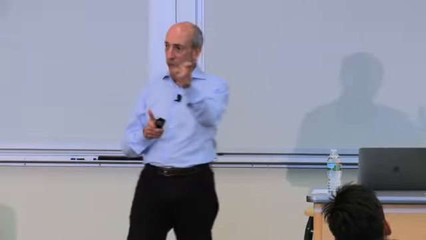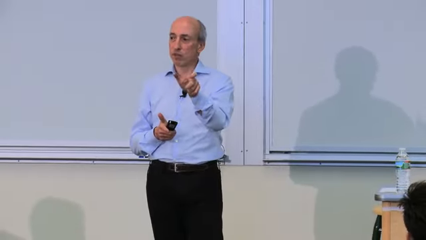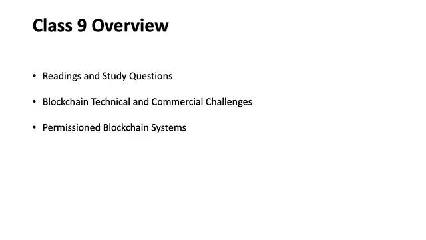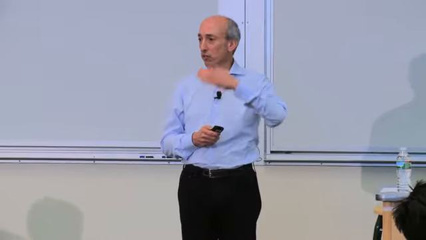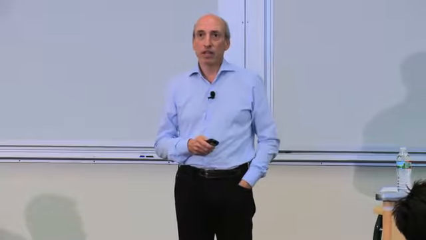One's the permissionless blockchain of Bitcoin, but today we're going to introduce and go deeper into the permissioned or private set of blockchains like the IBM Hyperledger and Corda. But the technical issues relate to all of that.